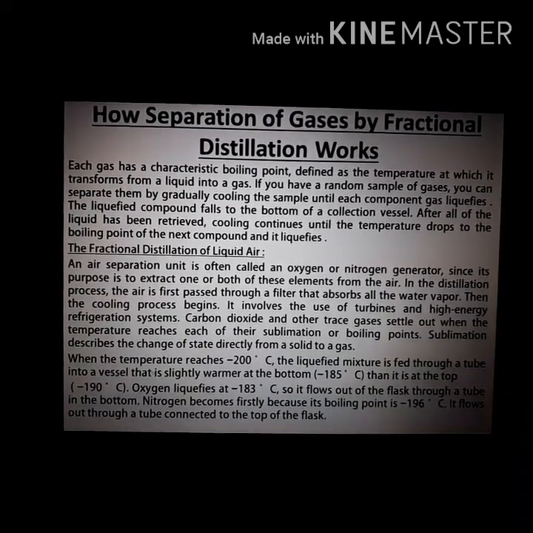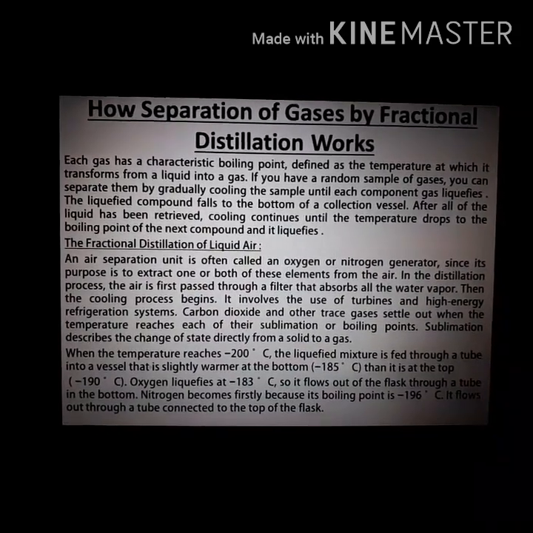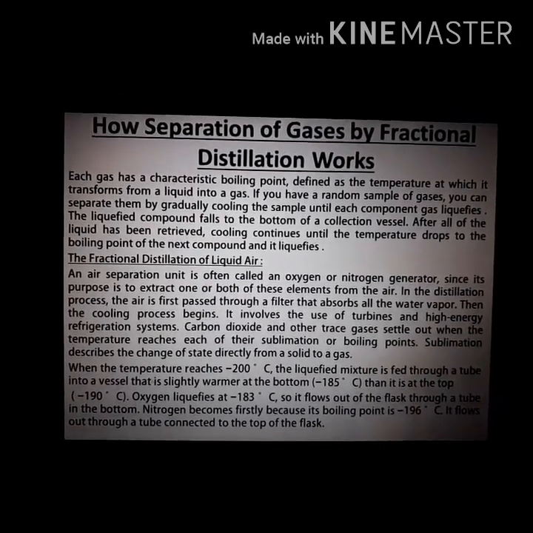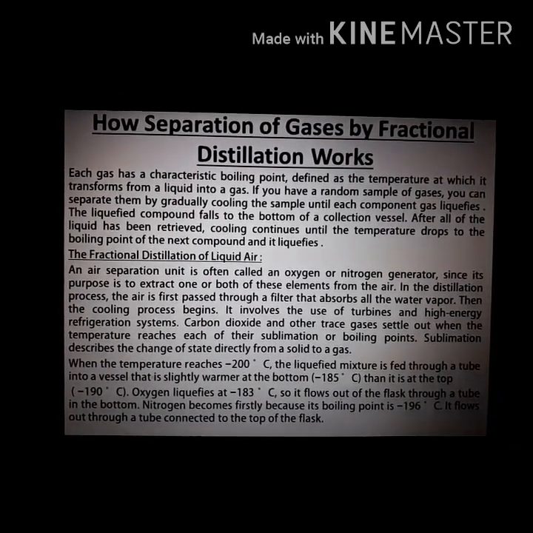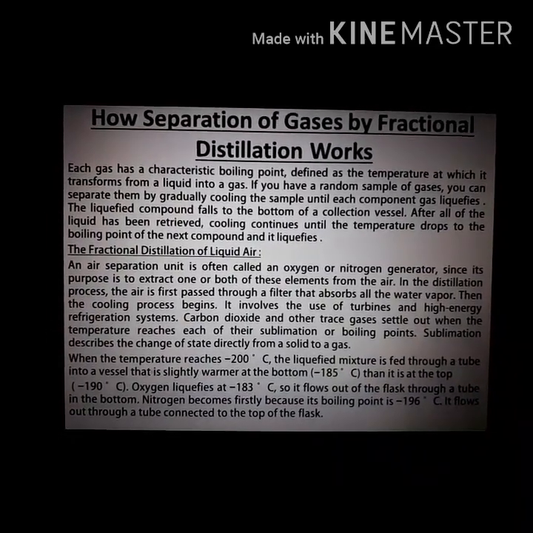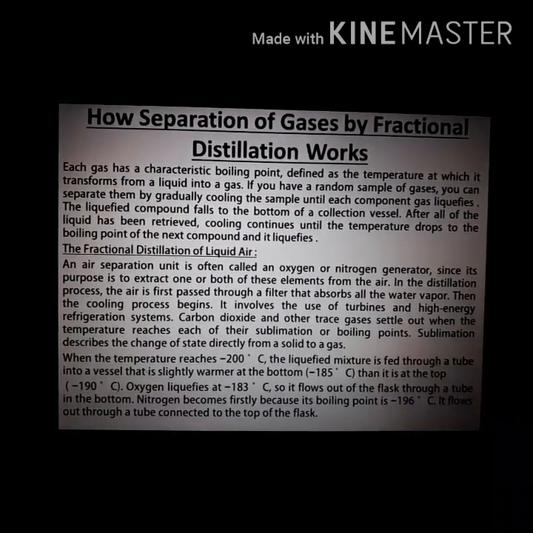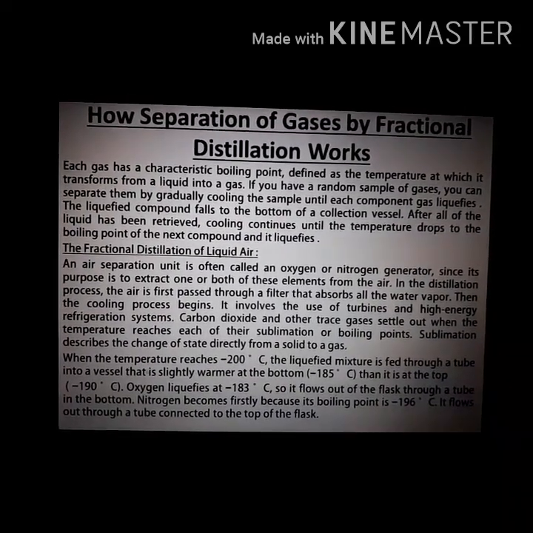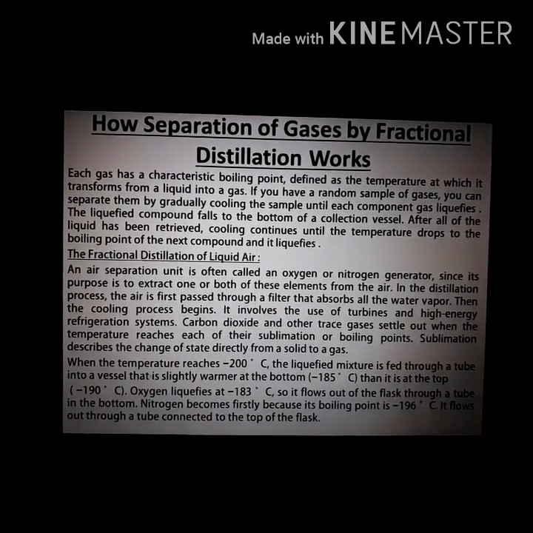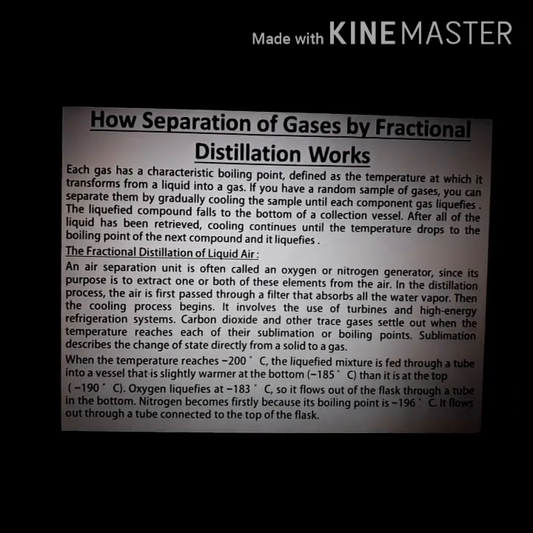Carbon dioxide and other gases settle out when the temperature reaches each of their sublimation or boiling points. Sublimation describes the change of state directly from solid to gas. Then the liquefied mixture reaches the bottom, and oxygen, which liquefies at minus 183 degrees Celsius, flows out through the tube.